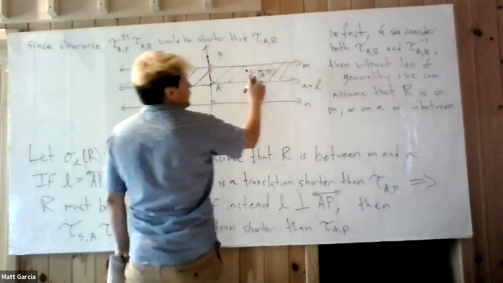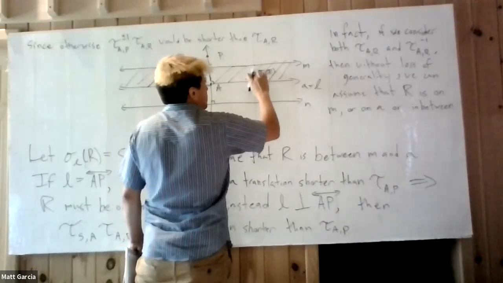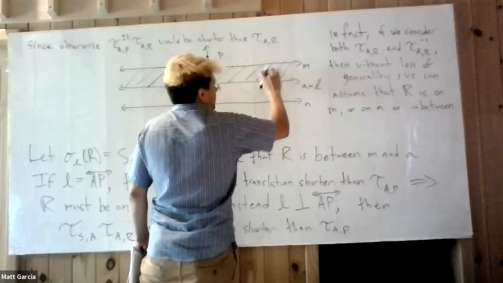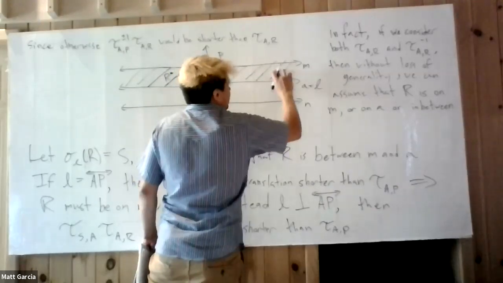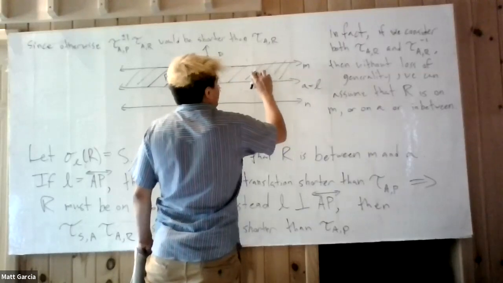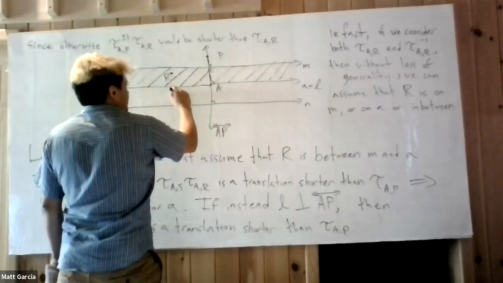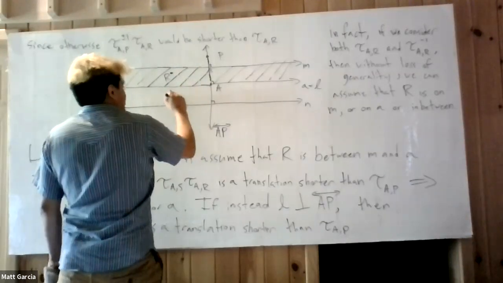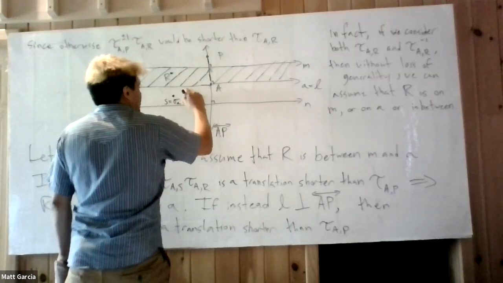Okay, this is no longer my S because I changed what L is, right? If I take the image of R under reflection in S, what do I get? I get this now, S equal to the sigma sub L of R.